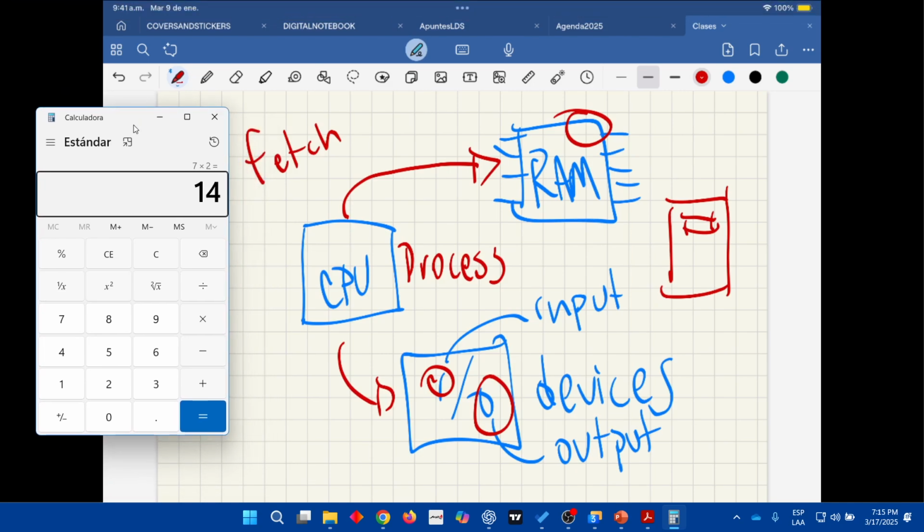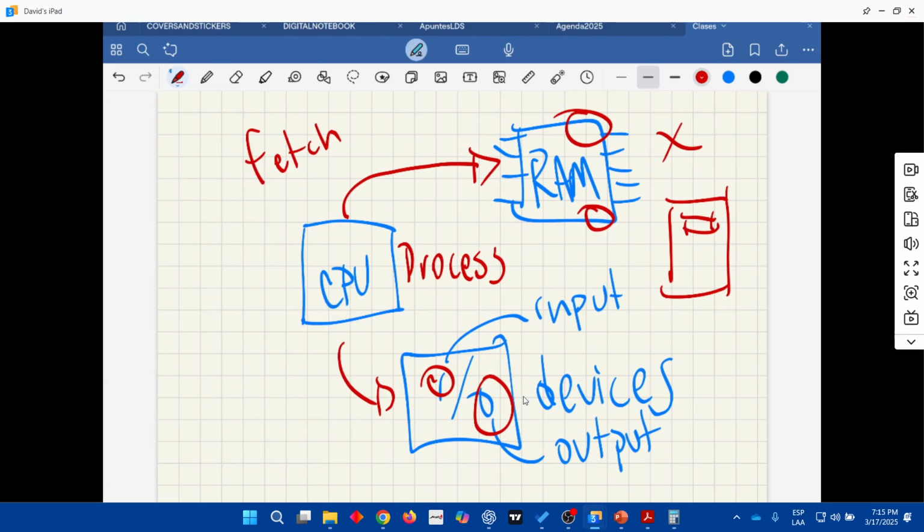The multiplication operation is going to be in another part of our RAM memory, and the number 2 is going to be in another part of our RAM memory. So the CPU gets that information, accomplishes the multiplication, and shows the result. That is what the CPU does.